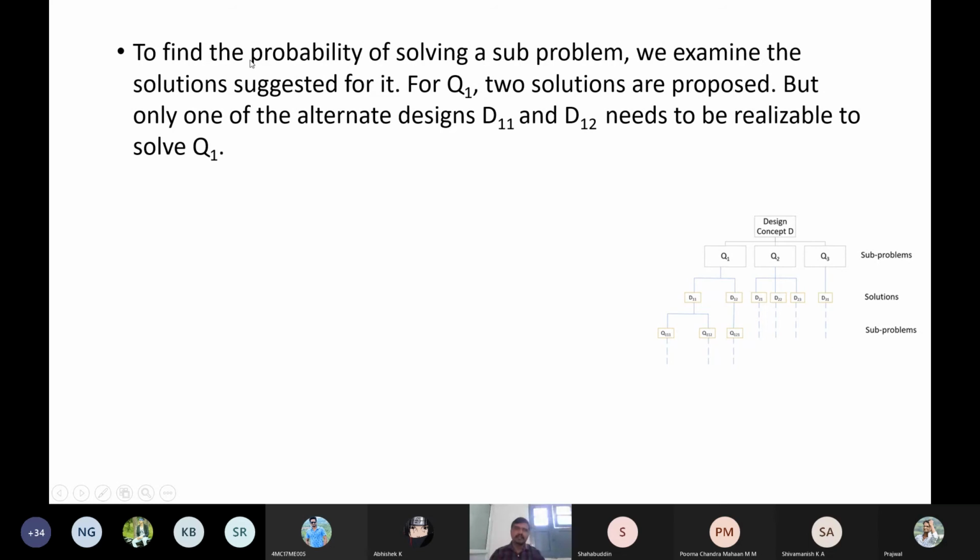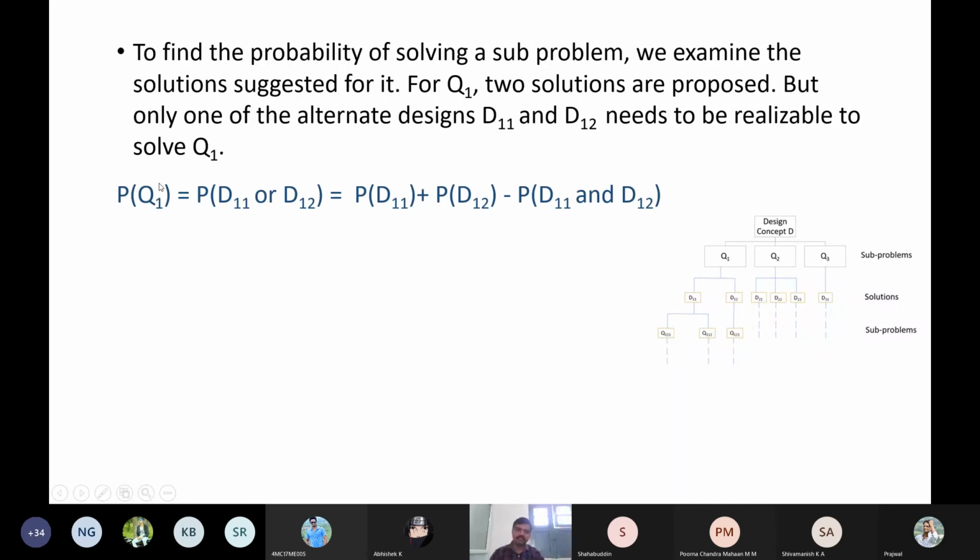To find the probability of solving a subproblem, we examine the solution suggested for it. For Q1, two solutions are proposed, but only one of the alternative designs D11 and D12 needs to be realized to solve Q1. So there are two solutions, you have to choose only one. If one solution you are able to realize, then that will result in solvability of Q1.